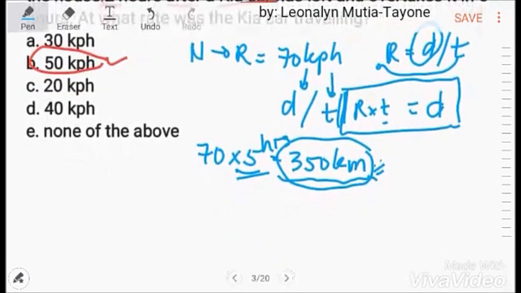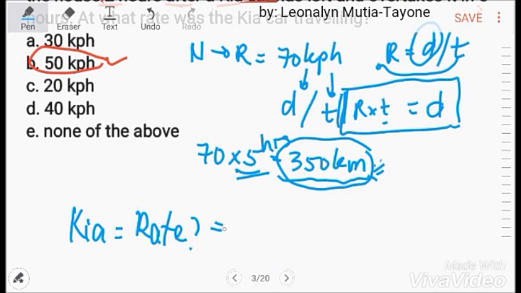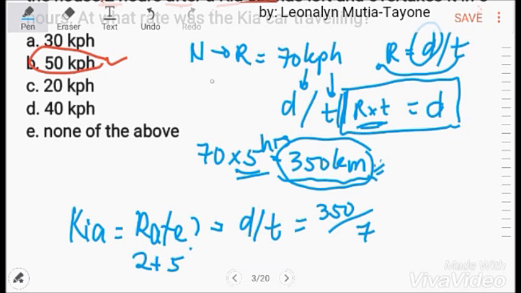Samantalang itong si Kia, ang rate ni Kia ngayon, ang rate niya ay distance over time. Diba? Yan yung formula. Distance is 350 over yung time ni Kia, 7 hours. Kasi nauna na siya ng 2 hours plus yung 5 hours ni Nissan, that is 7 hours.